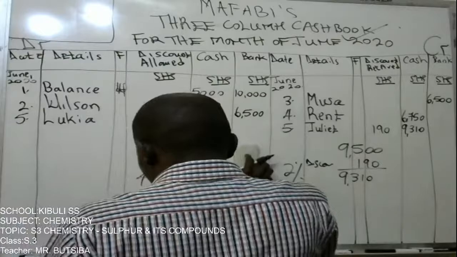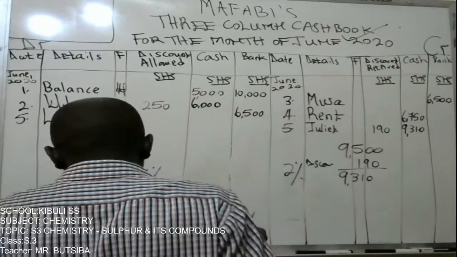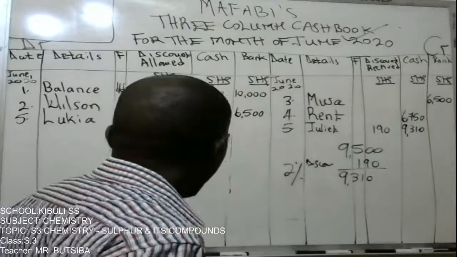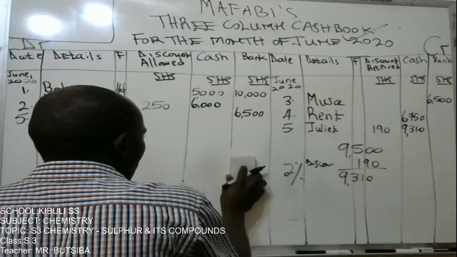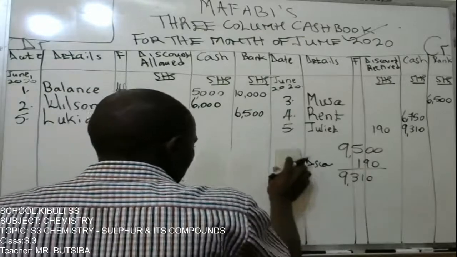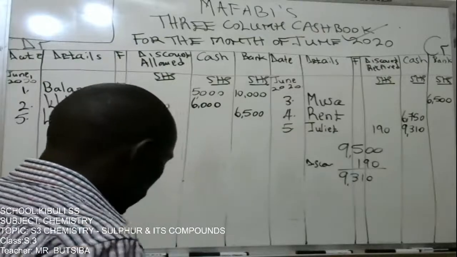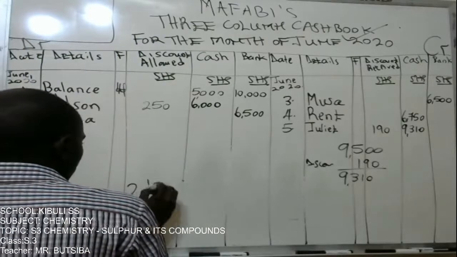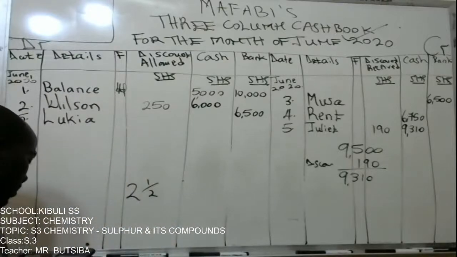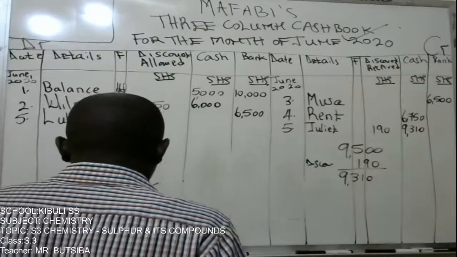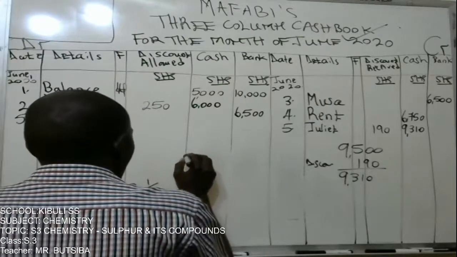Okay, let us look at our second last transaction for this question. It says, on June 5th, received the cash from Anita, less 2.5% discount, and the amount we're supposed to receive from Anita was worth shillings 8,000.